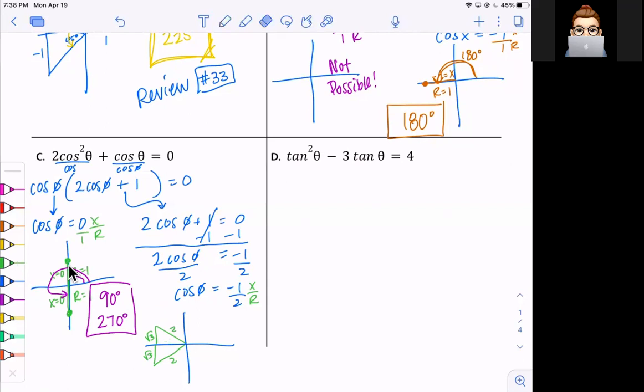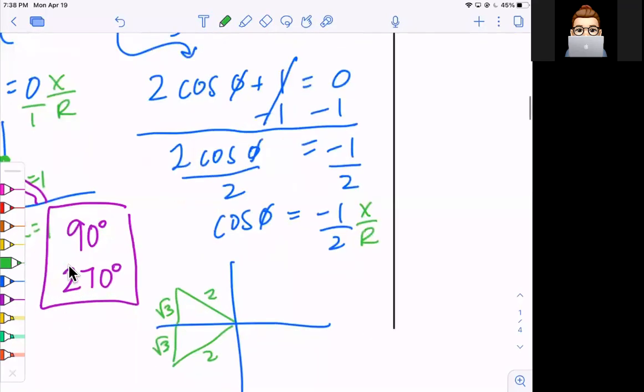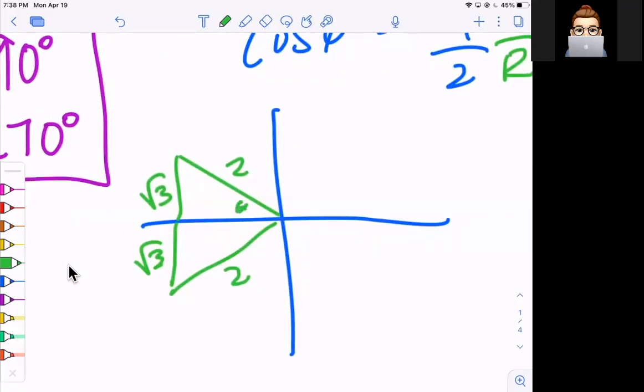The -1 is down here, so this has to be 60 since it's across from the square root of 3, 60 like that. So I'm going to go up here. So the whole thing would be 180 minus this 60, would be 120 degrees.